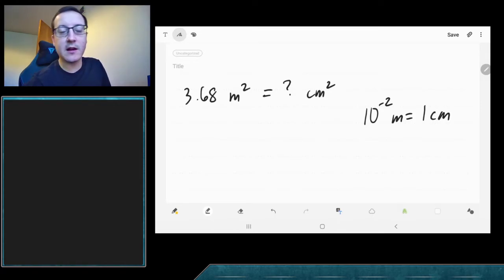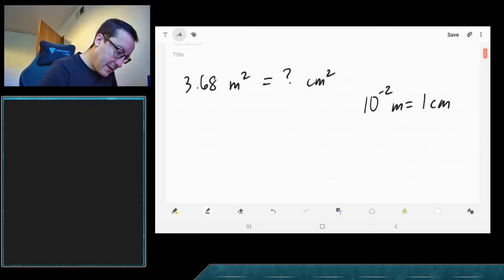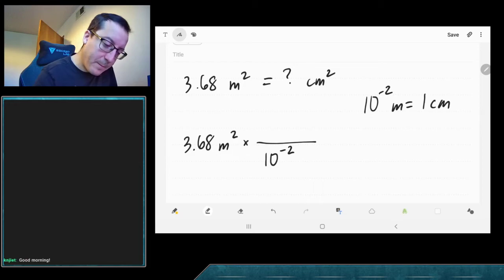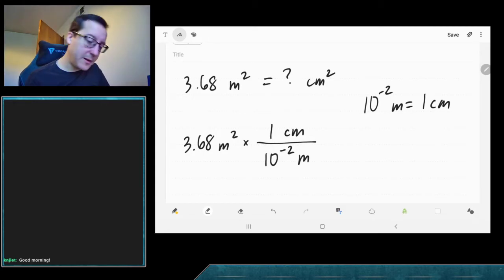We know that 10 to the negative 2 meters is 1 centimeter. So we can go ahead and use that. As always, we're going to put the unit we want to cancel out on the opposite side, so in this case it's on the denominator. And so we can go ahead and do that.